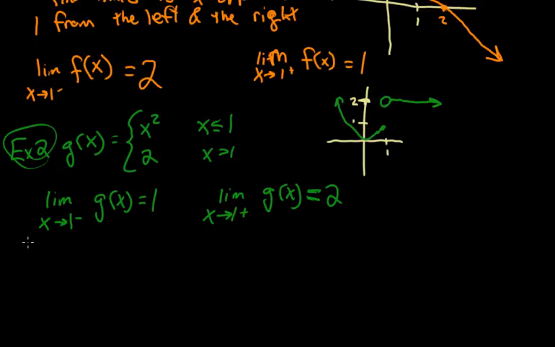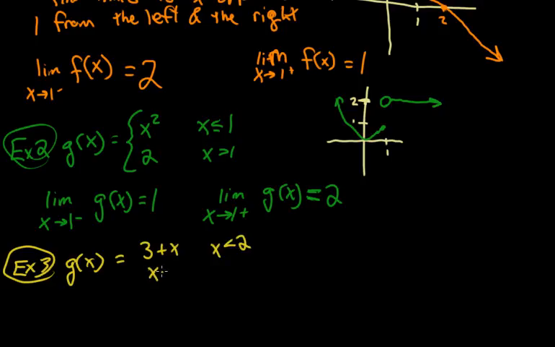Let's go on to one final example. In this one we're going to work a little bit differently, but we could work the same way. Let's say we have g of x equals 3 plus x for x less than 2, and it equals x minus 1 for x greater than or equal to 2.